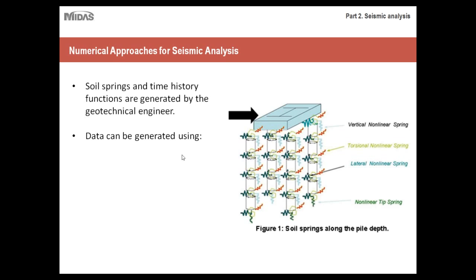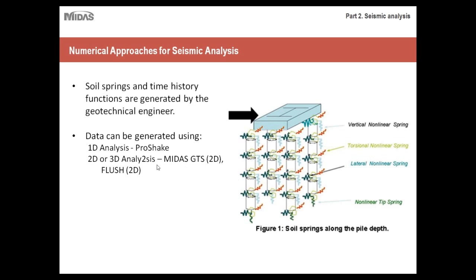With response spectrum analysis, obviously you have to make certain assumptions, whereas with time history analysis, because these variables are taken into account, we have fewer assumptions, but it also requires a greater level of detail. Also, data can be generated using 1D analysis, ProShake. ProShake is just a numerical modeling program specifically for seismic analysis, very prevalent on the West Coast.